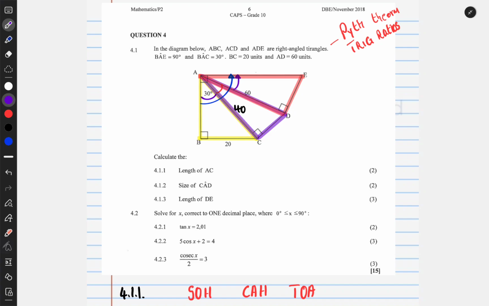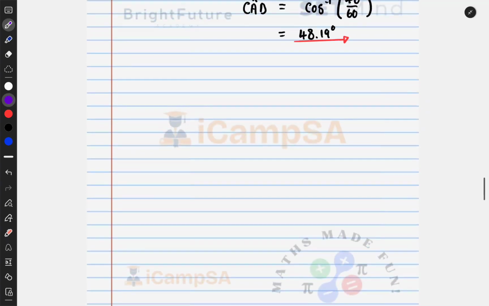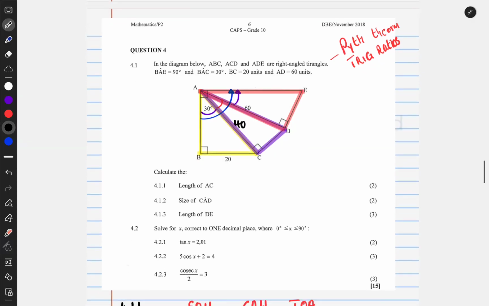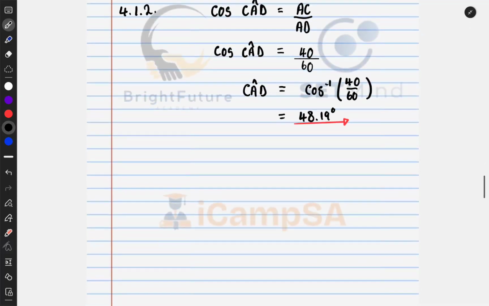We can calculate it because we know that the sum of all those angles is equal to 90 degrees, as it is represented by that 90 there. And also, I think we were told that BAE is equal to 90 degrees. So let's go ahead and calculate the size of the angle DAE. This is 4.1.3.